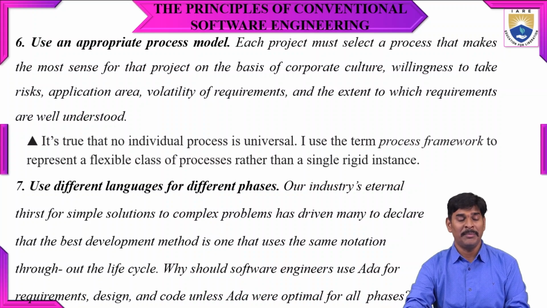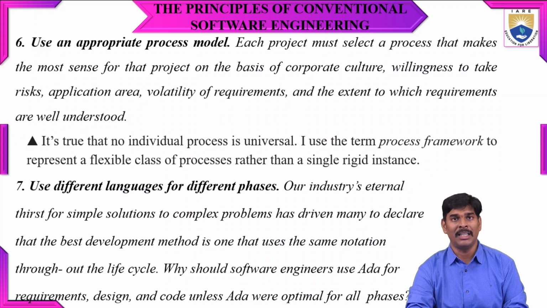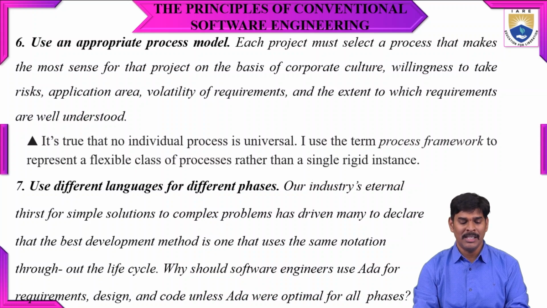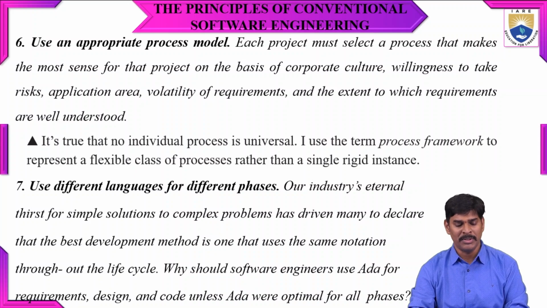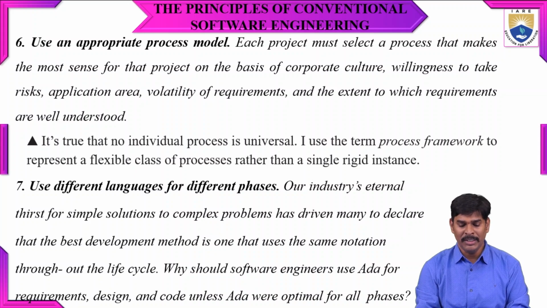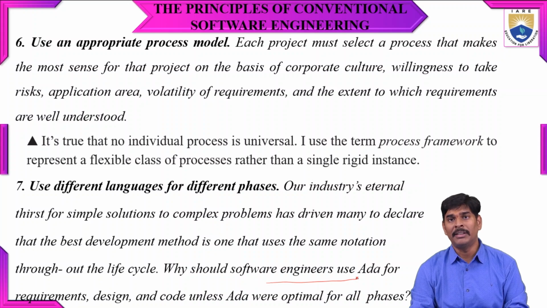So the seventh principle is different languages. We need to use different types of programming languages for the different types of phases. Industries check from simple solutions to complex problems, and based upon that they identify which programming language to use. Mainly software engineers use Ada for the requirements, design, and code.